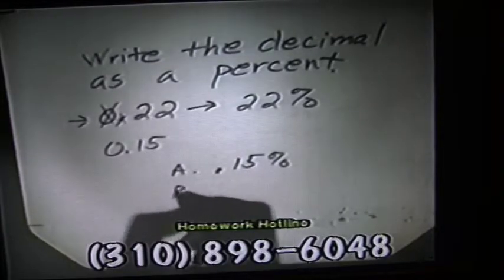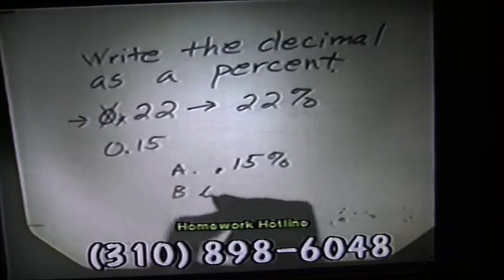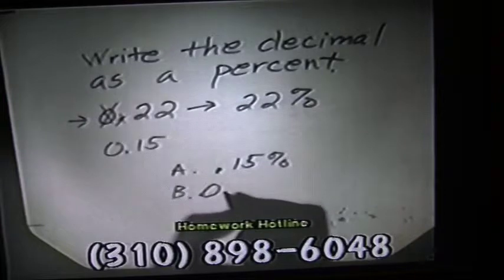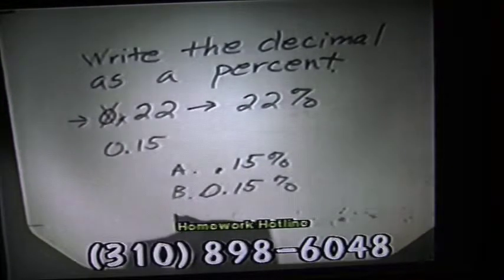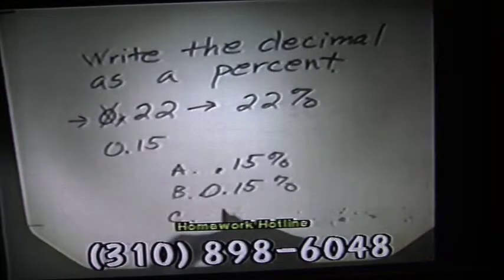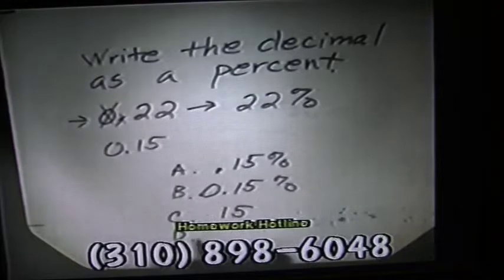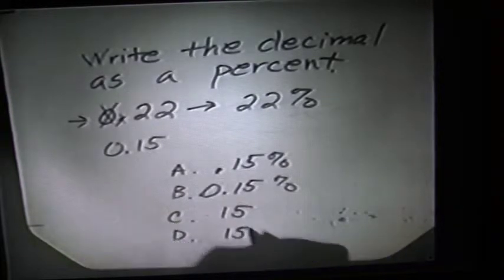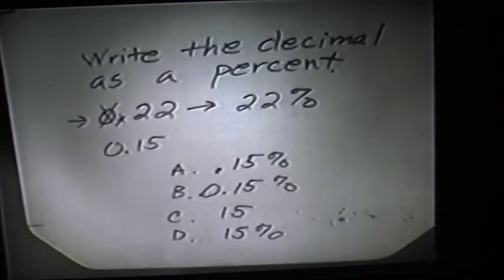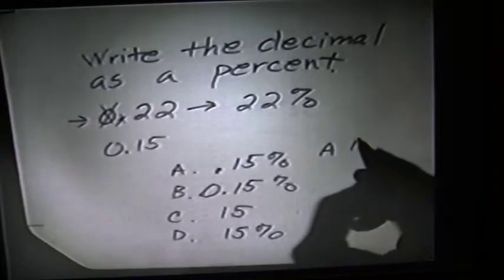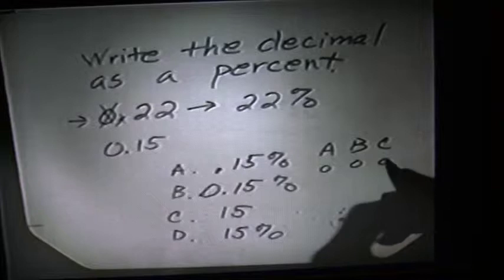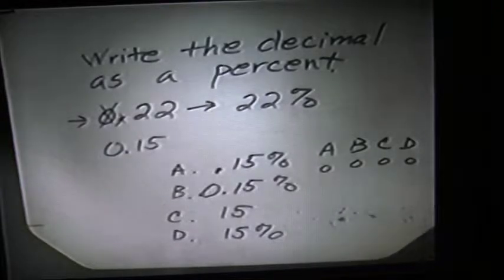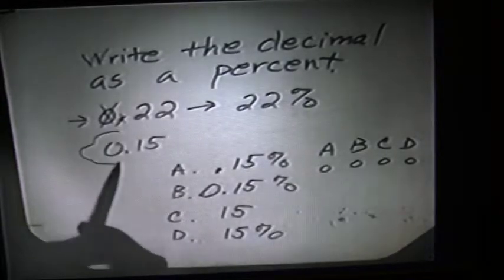You were given B, 0.15%, or you were given C, 15, or you were given D, 15%. Okay? You have your answer column in your Scantron, A, B, C, or D. This is the given problem.